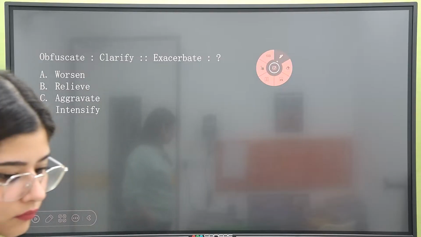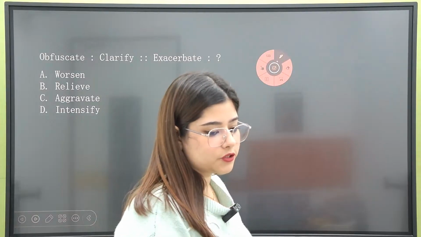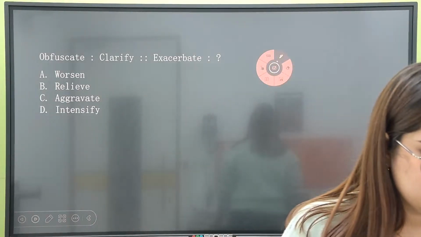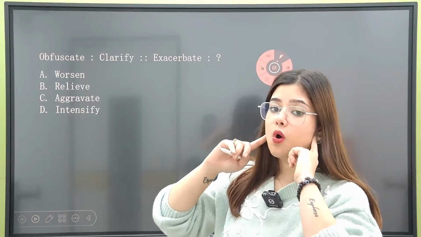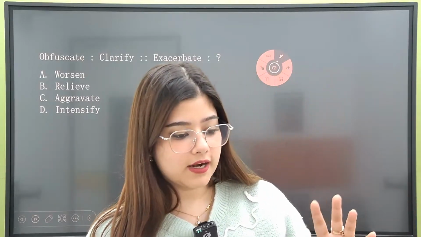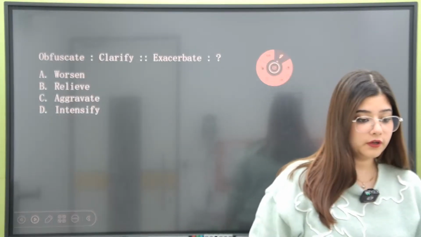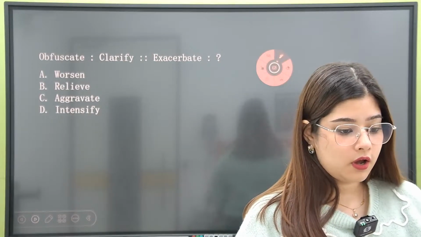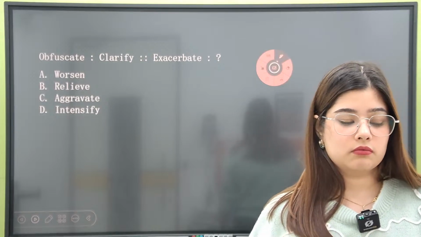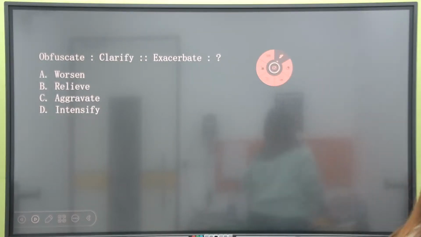So you need to know the meaning of words. Otherwise, you will not be able to establish a proper relationship between them. If you do not know the exact meaning, you will not be able to comprehend whether the words are synonymous or they are opposite in meaning. So it's very important to first of all try to know the exact meaning of the words.